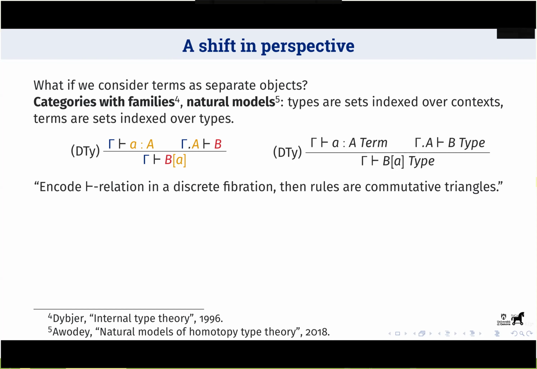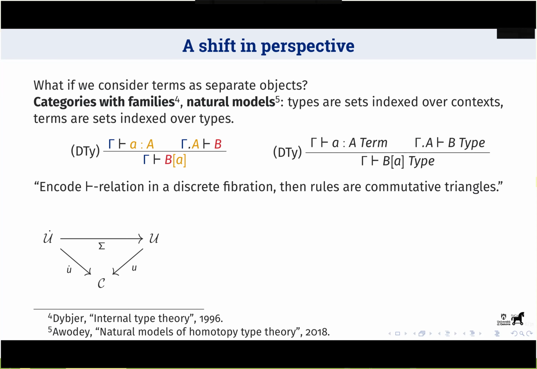And so the intuition is that we want to encode the entailments, or the context relation, in a discrete fibration, and then rules have to be commutative triangles. And I hope to convince you of that in a second. So we will have a category U dot collecting all terms, and a category U collecting all types.